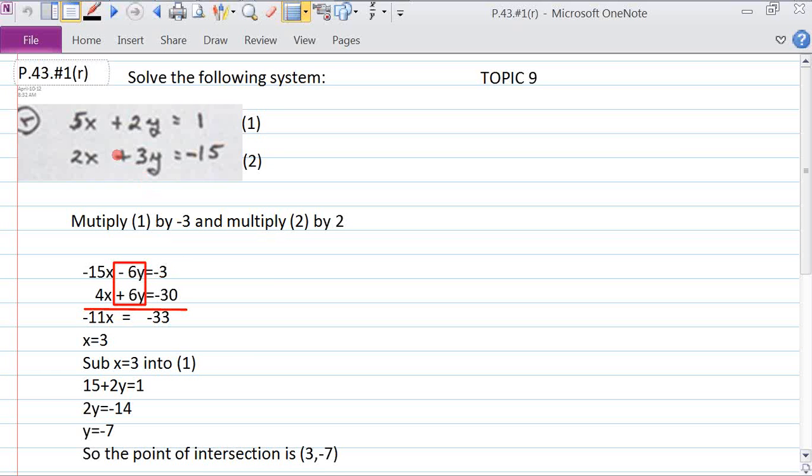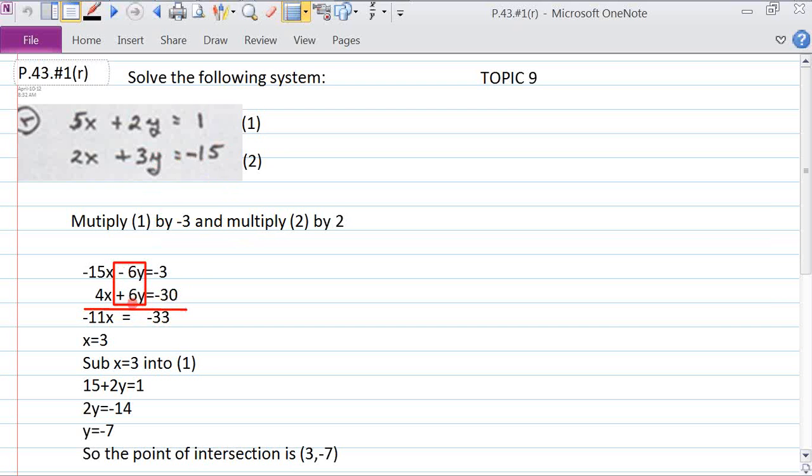Now, I need to make this into the same magnitude but opposite sign. I want to make the 3y into 6y. So I'm going to multiply equation 2 by 2. And I get 4x, when this is multiplied by 2, plus 6y. And 2 times -15 is -30.